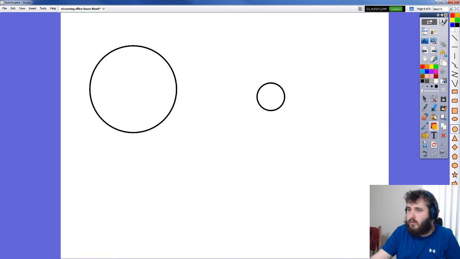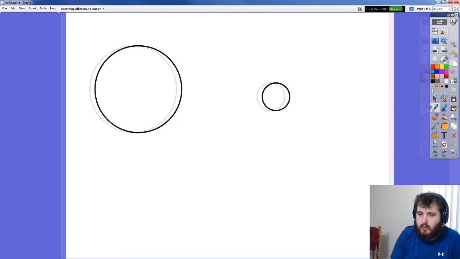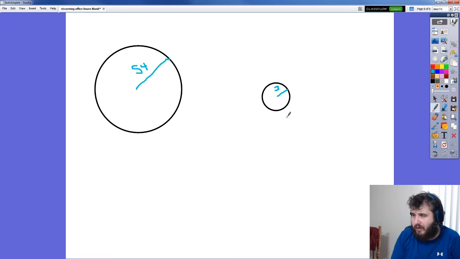So in order to explain this one, I think it's a lot easier to begin by trying to explain this. If I asked you if this radius is 54 and this radius is 3, you'd be able to figure out what the circumference of the one on the left and the circumference of the one on the right is, right?